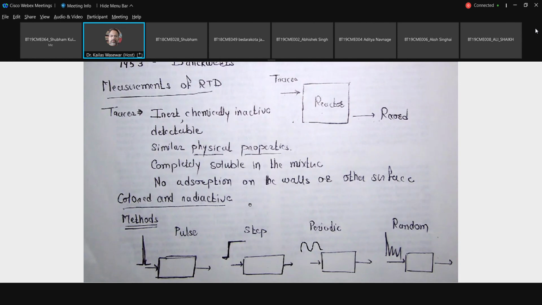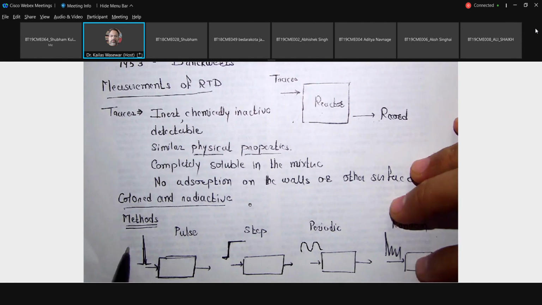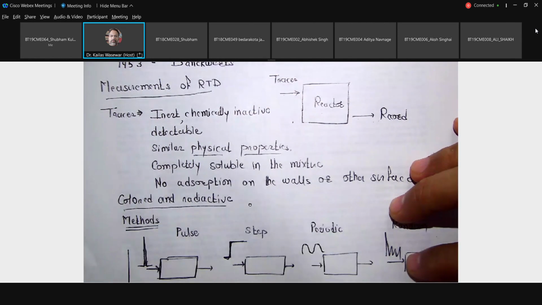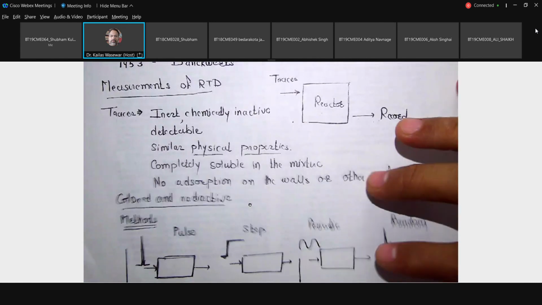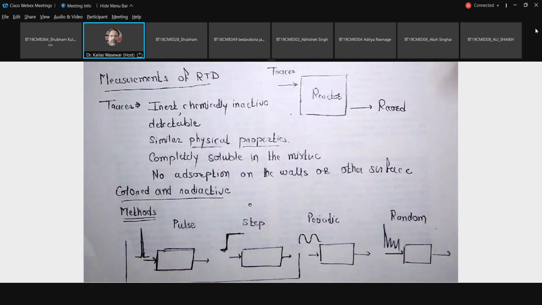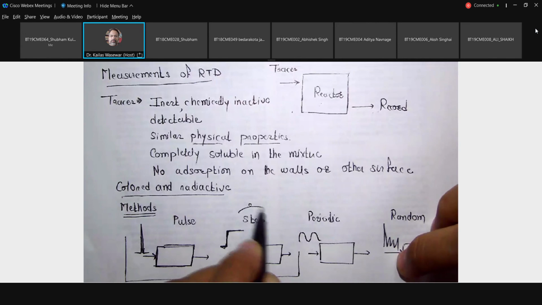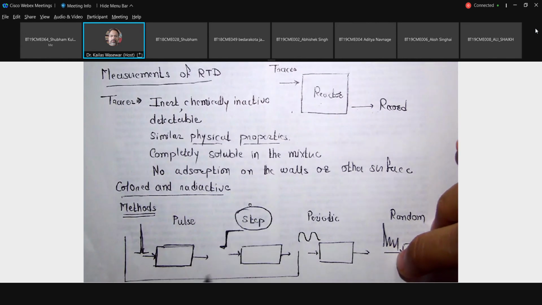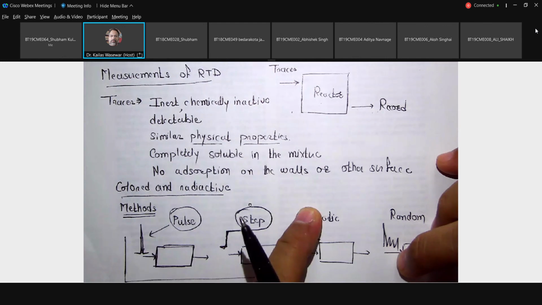But mostly we go for pulse and step input because these two are easy to quantify. In this also, the step has the disadvantage of the amount of tracer, because you are continuously feeding the tracer, but in the pulse, a small amount of tracer we are just adding.